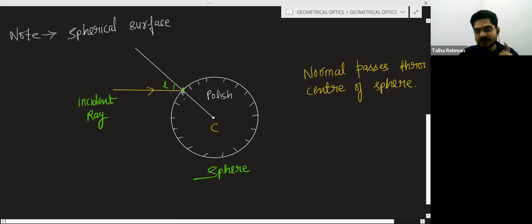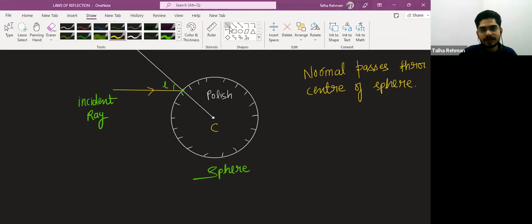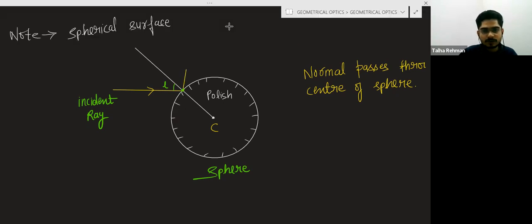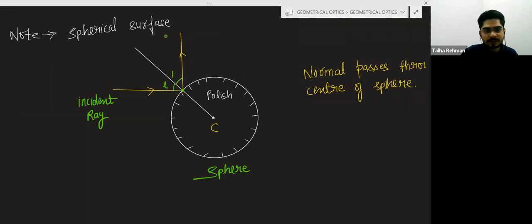Now reflection will take place according to the angle. Suppose this is the reflected ray, and this is the angle of reflection, r. Here I is equal to r. Remember this point: the normal passes through the center of the sphere.